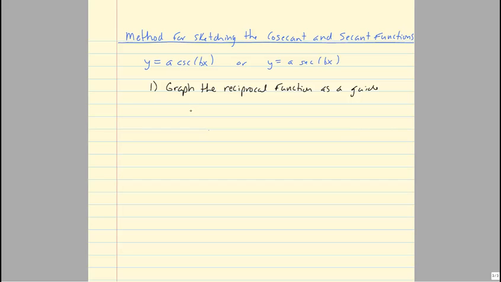So this would mean to graph secant of x, graph cosine of x first. To graph cosecant of x, graph sine of x first.